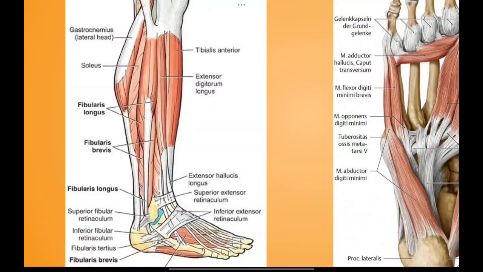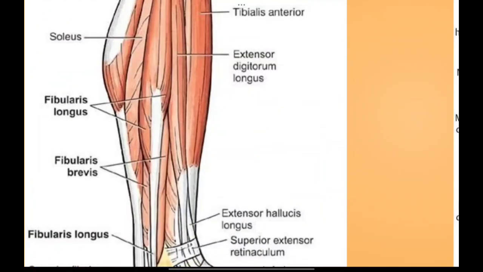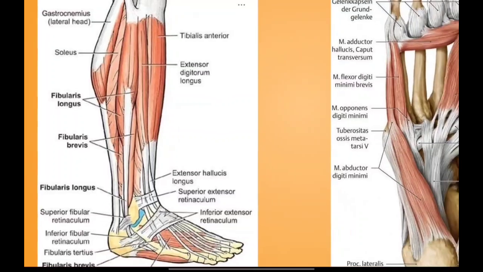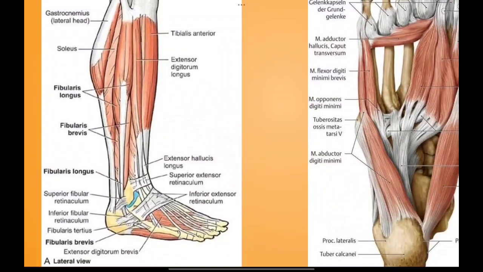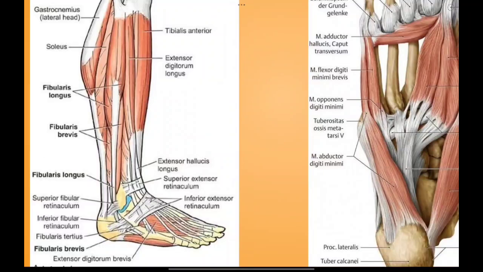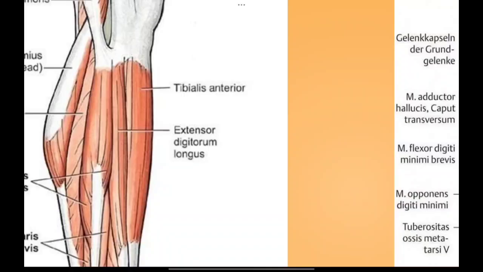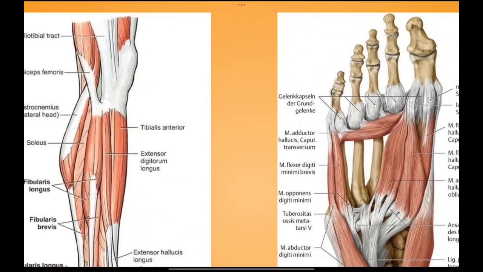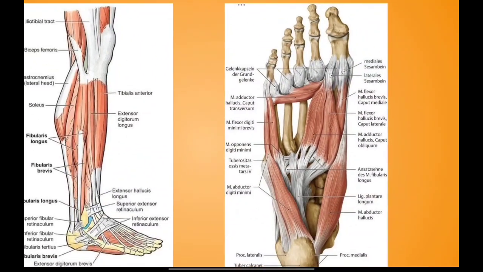Both the longus and the brevis are present over here, which is in the lateral region of the leg. Next, flexor digitorum longus. So it helps in flexing of the toes. Then we have extensor digitorum longus. You can see extensor digitorum longus, which extends the toes. So that covers the lower leg muscles.